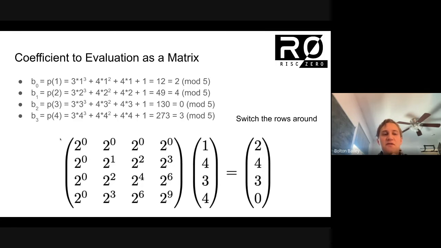But all that we see is that to solve this coefficient to evaluation problem, essentially all we're doing is finding a very quick way of multiplying this matrix by this vector. In general, this would be pretty hard because this is a pretty big matrix. It's an n squared sized matrix. But the fact that it's so structured, right?